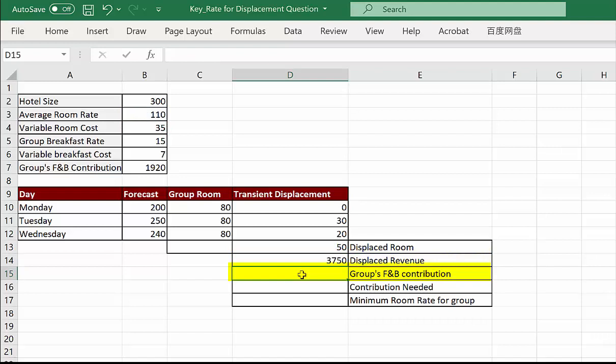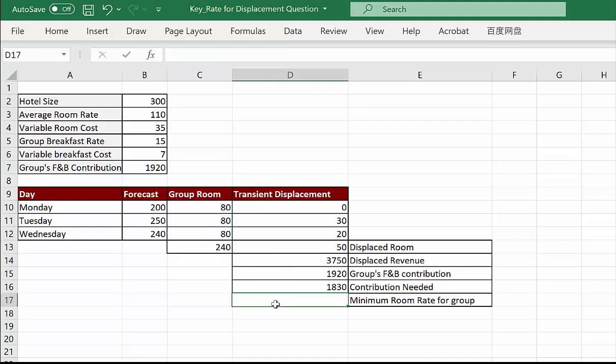And then let's take a look at the group food and beverage contribution. We already calculated it's 1920. So the contribution needed from the group room booking will be 3750 subtract 1920. Last, let's calculate the minimum room rate for a group. For the 3 days, we have 240 group room demand.